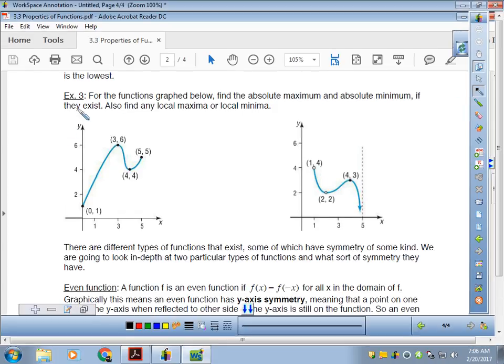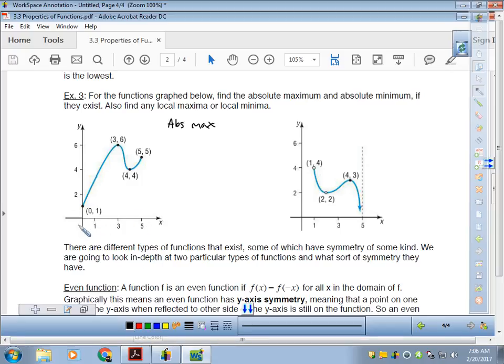Alright, so example 3 asks us, for the function's graph below, find the absolute maximum and absolute minimum if they exist, and also locate any local maxima or local minima. So we'll start by looking and seeing, do we have an absolute max? Well, this is a closed interval. This graph only goes from 0 to 5. It doesn't continue beyond 0 or beyond 5. So it does have an absolute max somewhere.